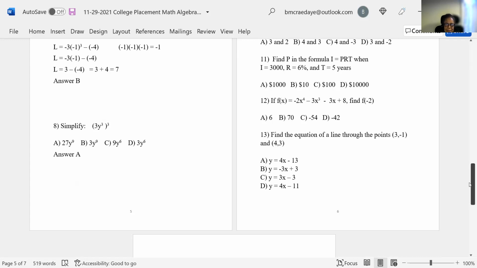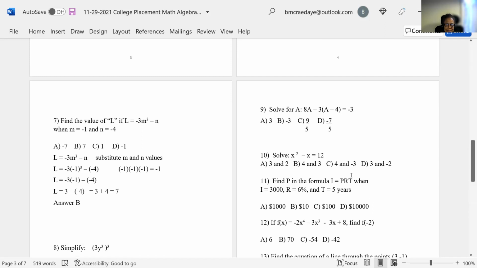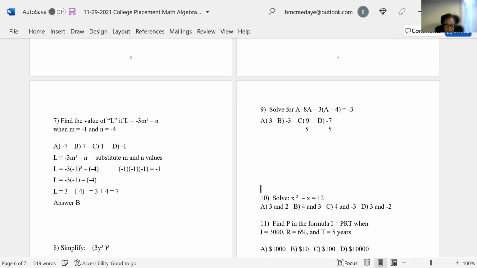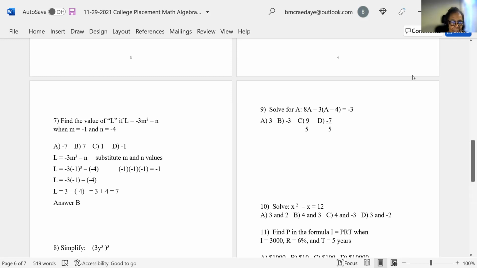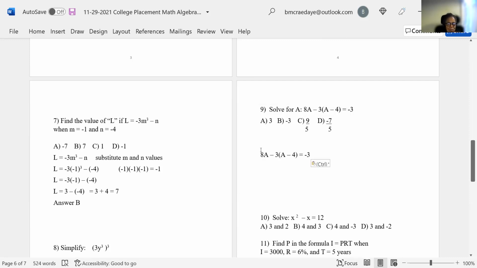Okay, number 9. Solve for A. Now here's the equation. I want you to take this equation and solve it for A. Copy it here. Now, what's the first thing you're going to do? Remember PEMDAS. What do you do first? Do the parentheses first. That's right.